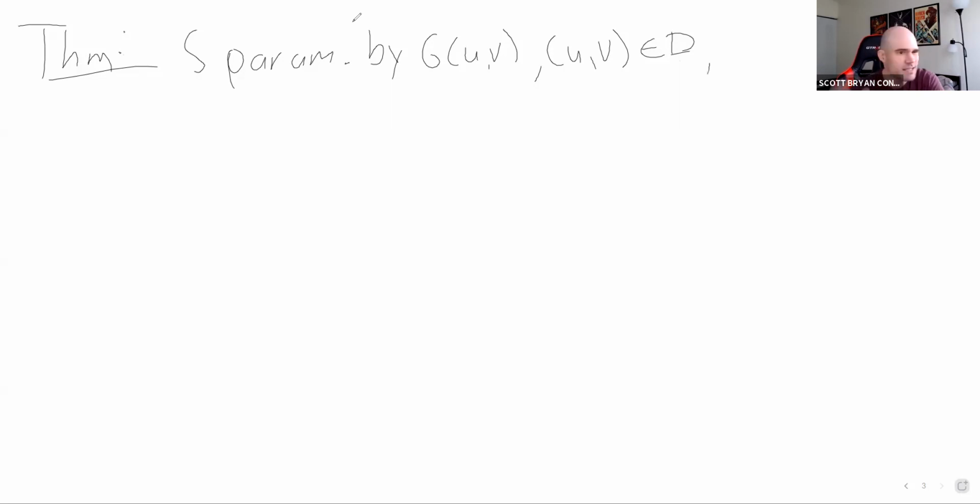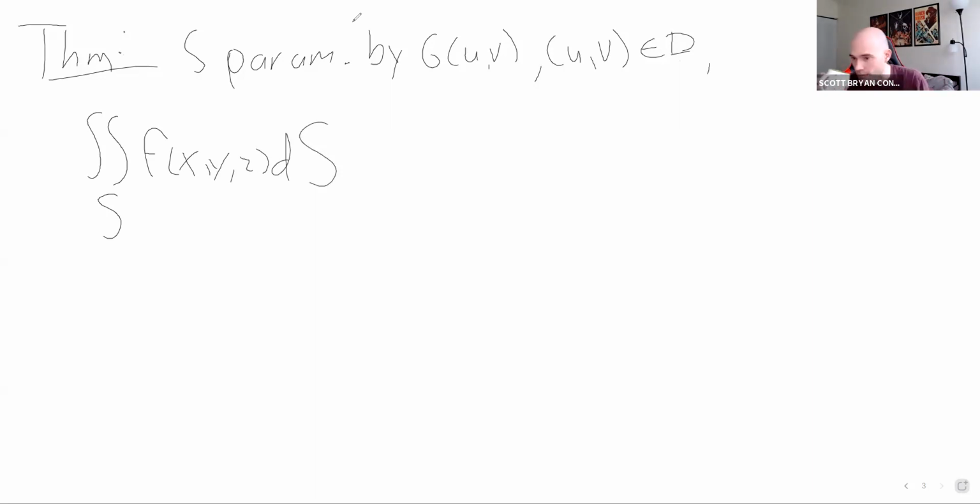Then, and some other assumptions that are always true in this class, so don't worry about it, if we want to integrate f of x, y, z over our surface S with respect to surface area, dS, I'm really emphasizing the capital S there.